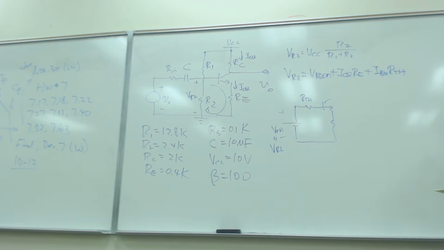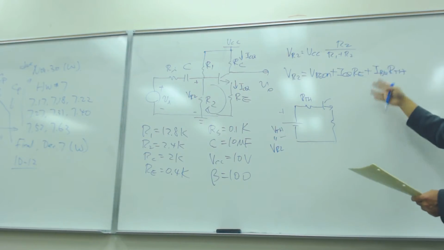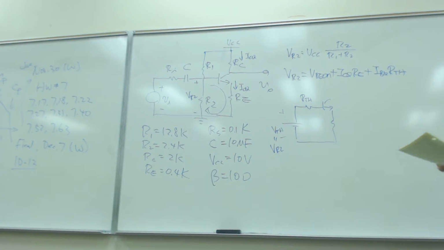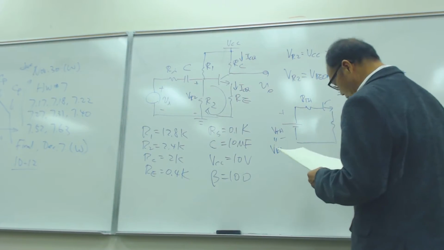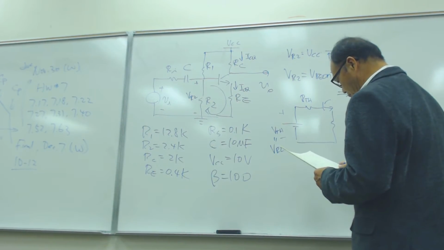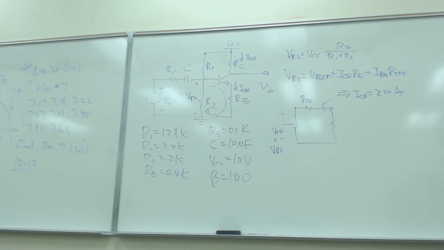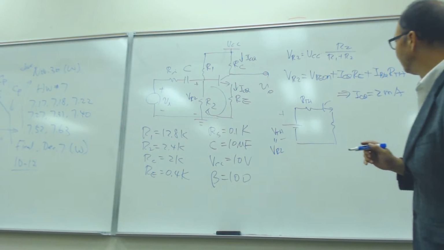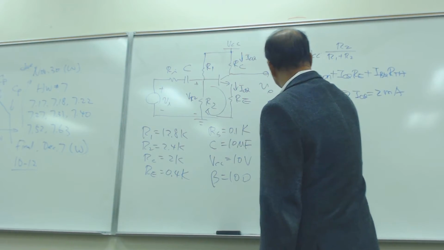And from here you can calculate ICQ or IBQ, doesn't matter which one. So at the end, you can find that ICQ is about equal to 2 milliamps. R7 is RS plus R1, well, R1 in parallel with R2.